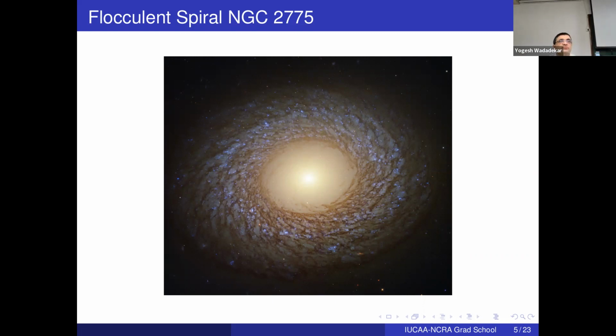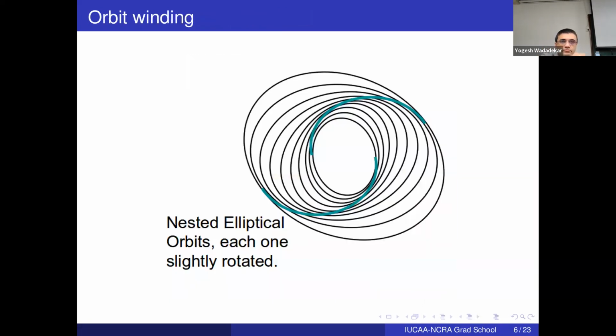Here we feel that these are produced by that detonation wave kind of event that we looked at earlier. There is star formation almost everywhere in the disk. There's lots of dust, but there is no evidence of a well-defined spiral arm.